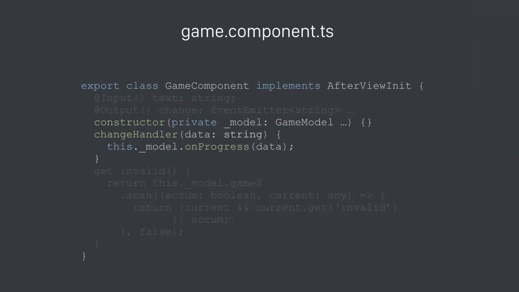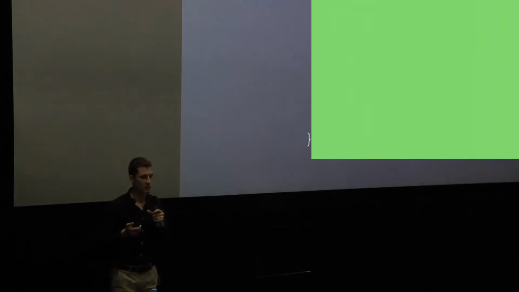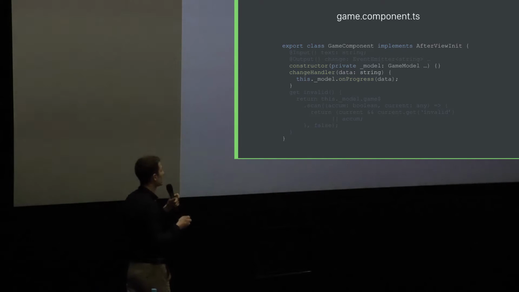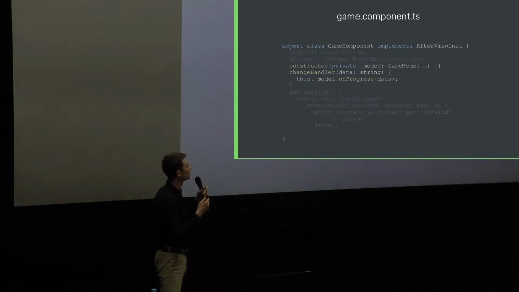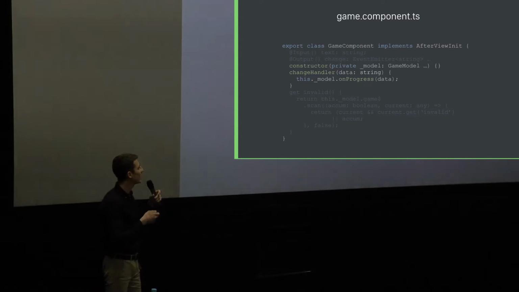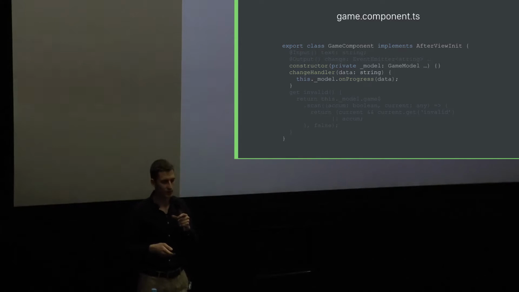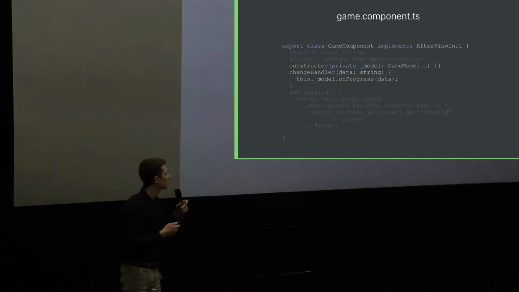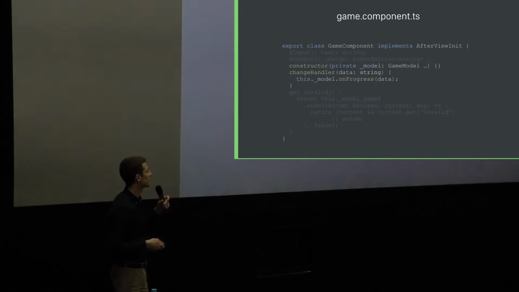So our UI component accepts as an argument in its constructor the model, which is responsible for handling the entire business logic on user action when something happens inside of this component. So this is the game component, and it uses the game model. Once the user starts typing something, we are invoking the change handler, and we are delegating the further execution to the game model. And that's it.